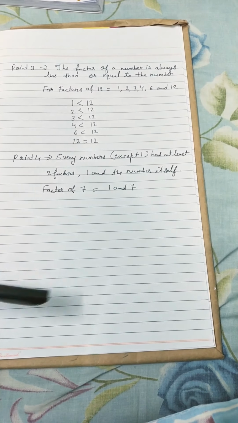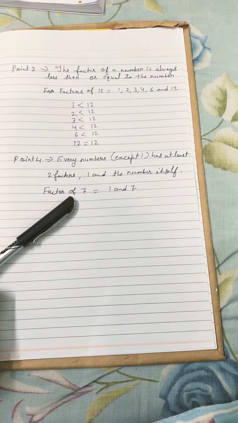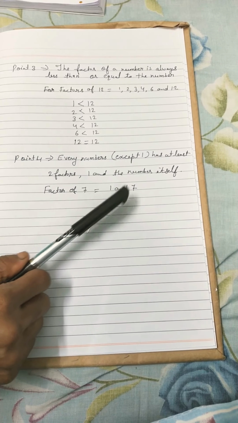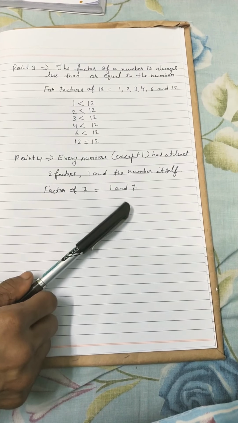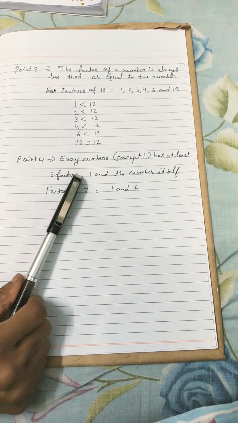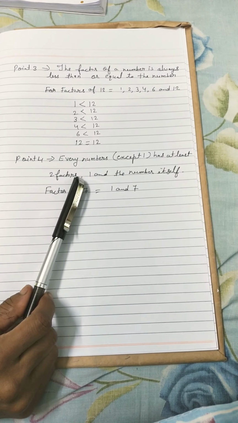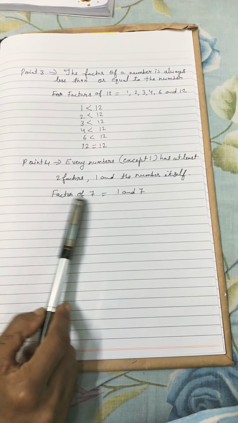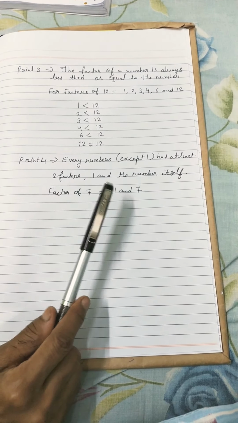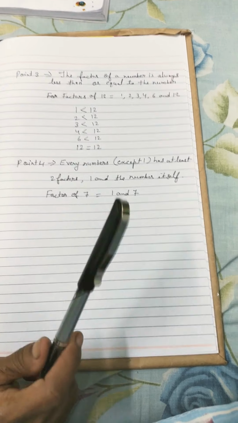Let us look at the factors of 7. There are 1 and 7. No other pair of numbers when multiplied together will give the product 7.